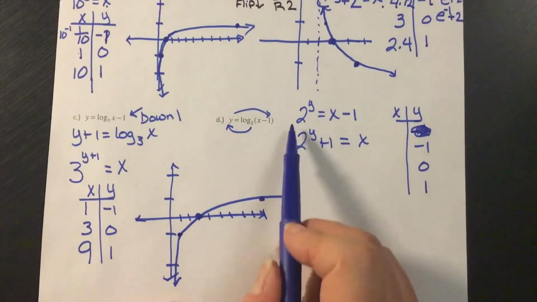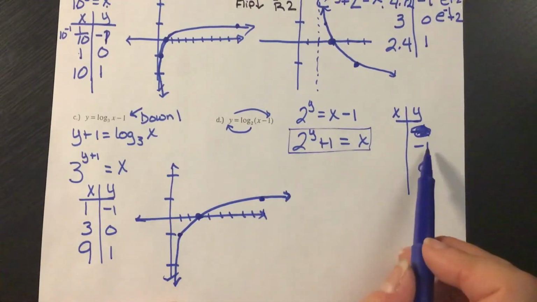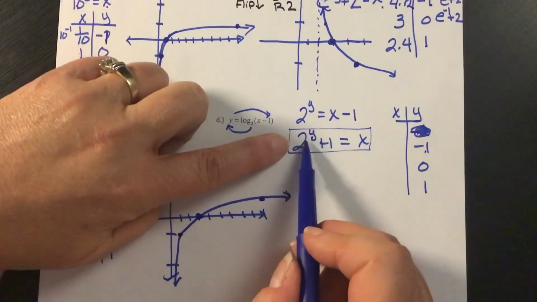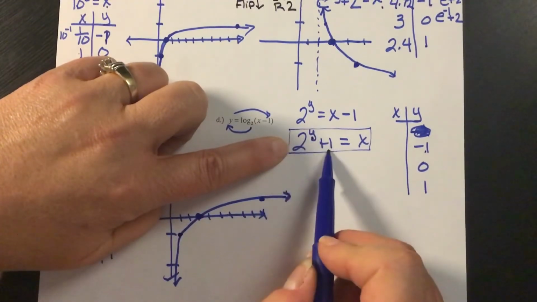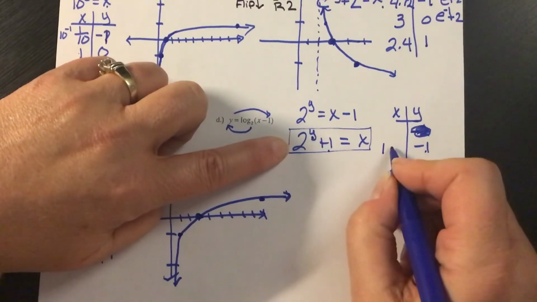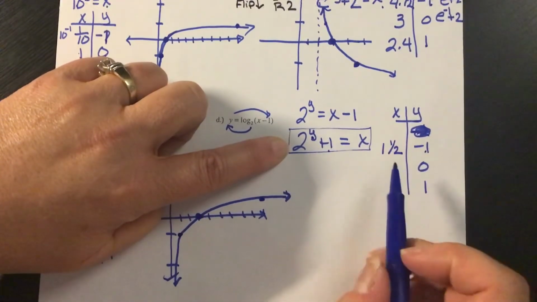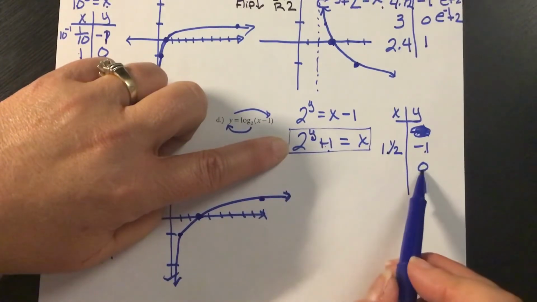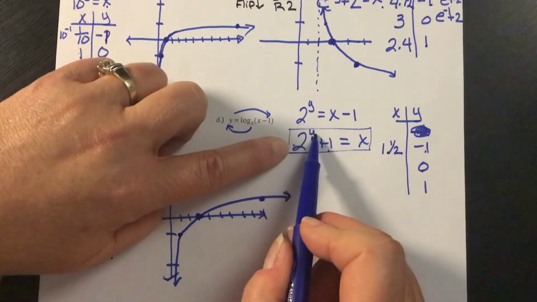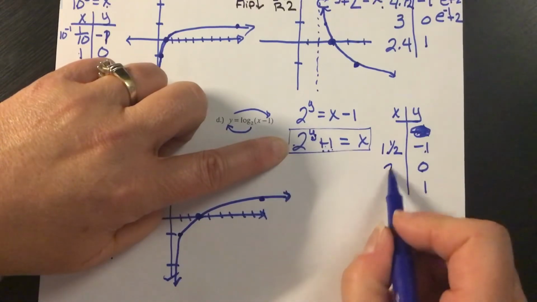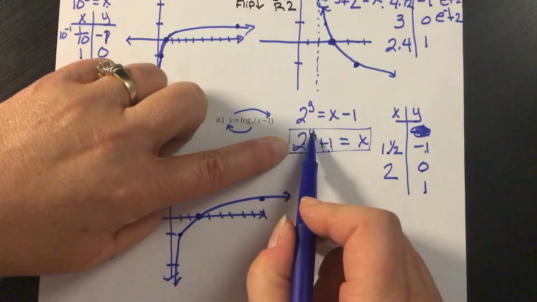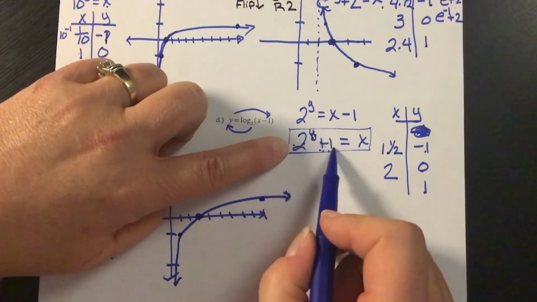So I'm looking at this equation. I'm plugging negative 1 in for y, so that would give me 1/2. Plus 1 would be 1.5. Okay, so 1/2 plus 1 is 1.5. 0, 2 to the 0 power is 1. 1 plus 1 is 2. And plug in 1, 2 to the first power is 2, plus 1 is 3.